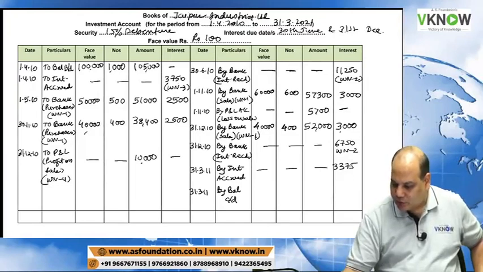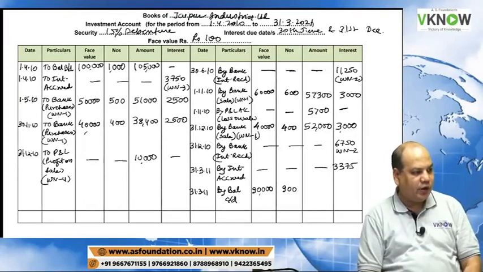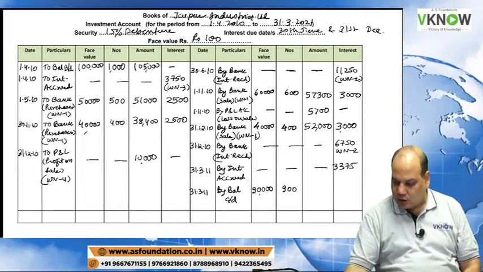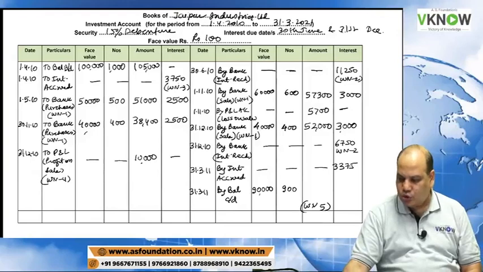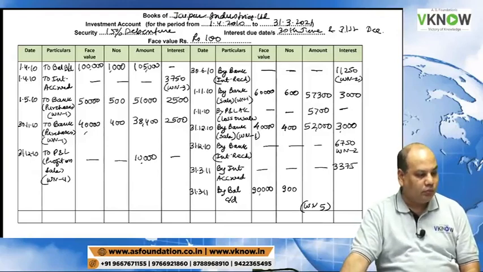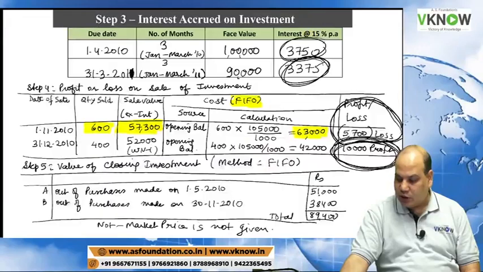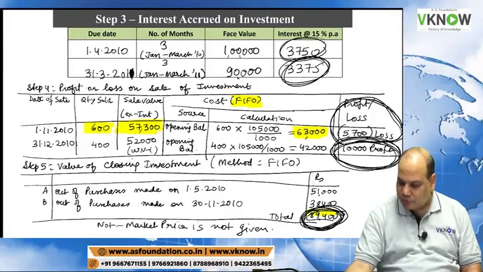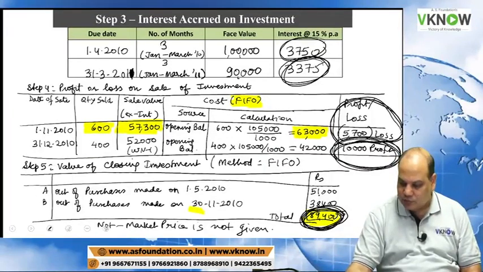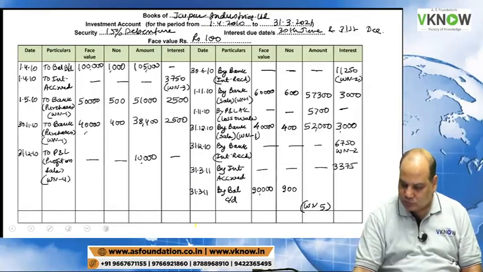If you balance it now, face value is 9000, quantity is 900, and the amount you have to take from working note 5, closing investment. What was the closing investment in working note 5? Let me check the last line on the screen: 89,400. This 89,400 is the closing investment value. So write it there.